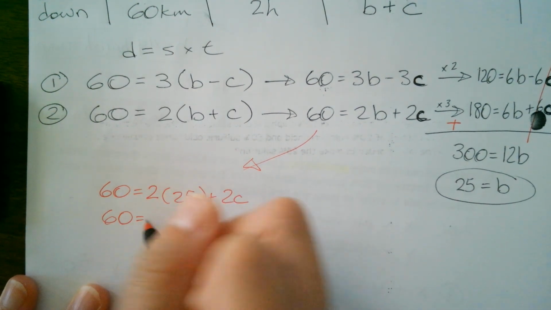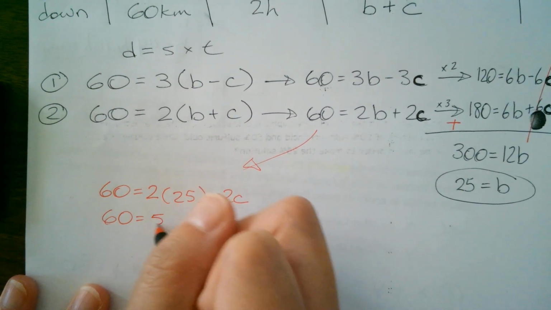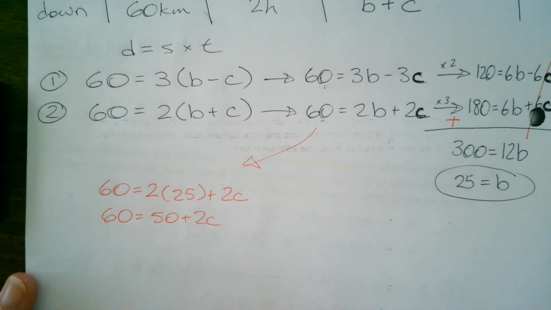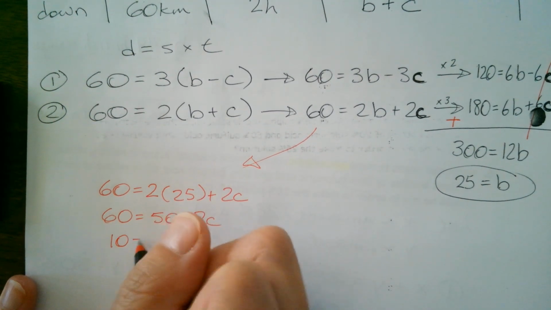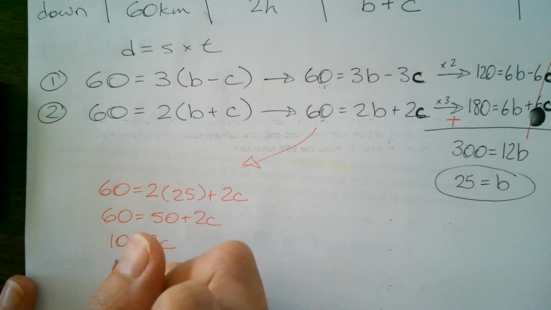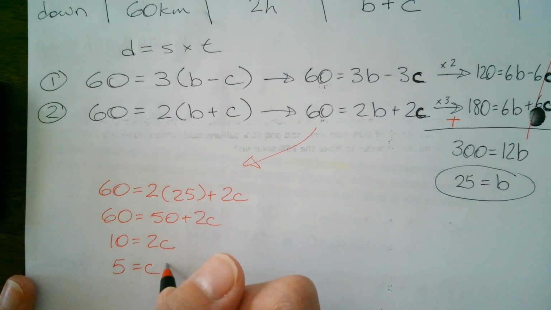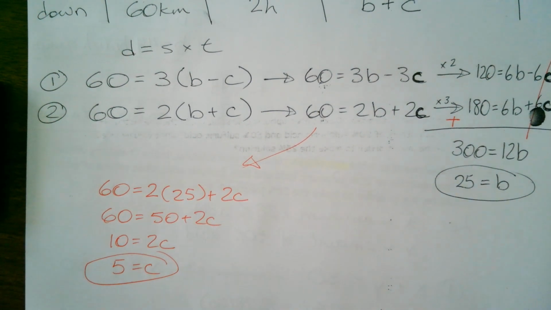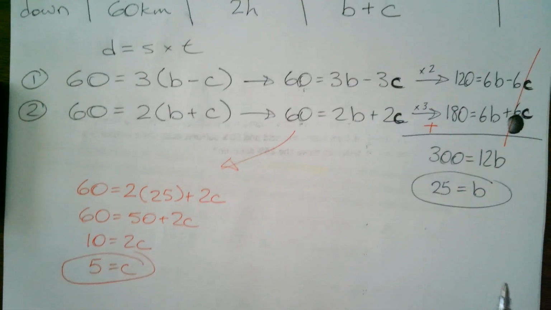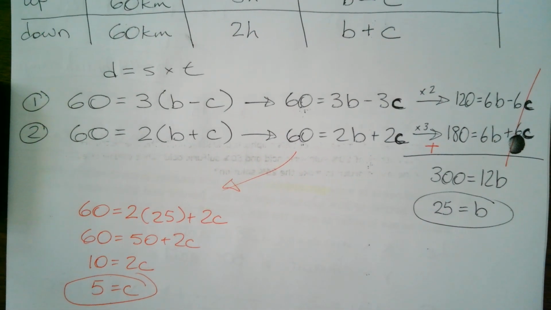So 60 equals 50 plus 2c. 10 equals 2c. So when you divide it, 5. C equals 5. Okay. If I just leave it like this, how much mark am I losing?